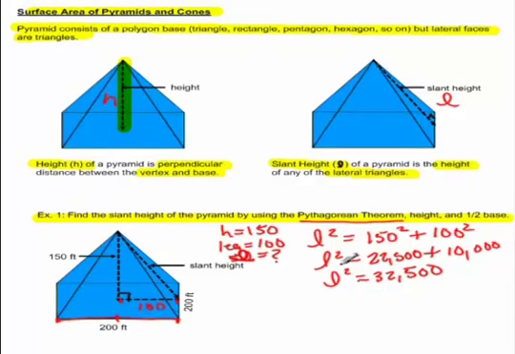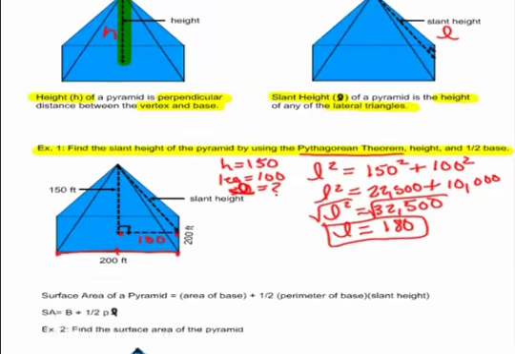And then we want to know the slant height, not the slant height squared. So remember, we square root it, and we get the slant height is approximately, rounding to the nearest whole number, 180. If we're ever missing the slant height, we have to use the Pythagorean theorem to find it, and then we can continue to fill in the formula.